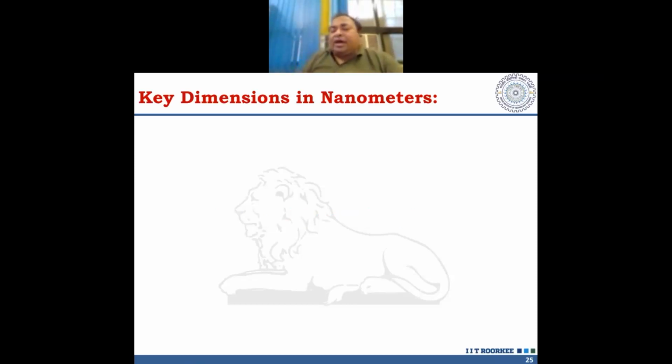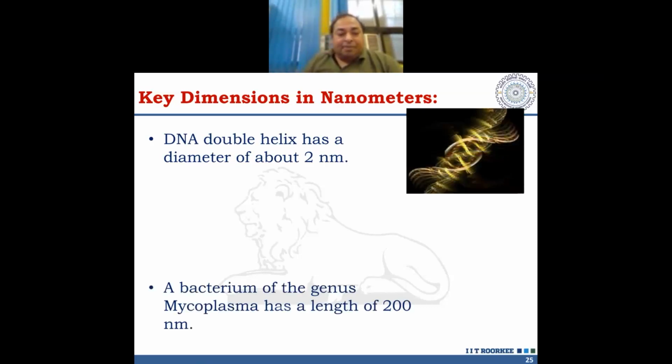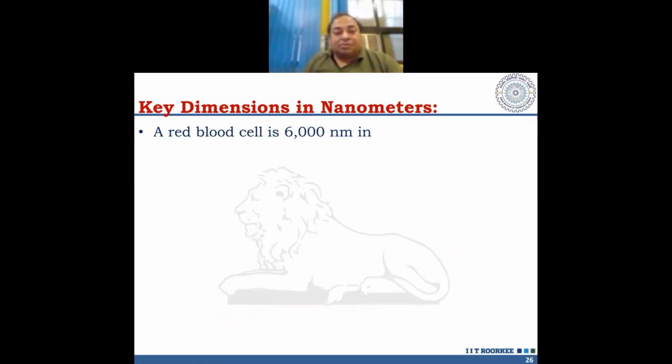If you look at the key dimensions in nanometers, the DNA double helix has a diameter of about 2 nanometer. A bacterium of the genus Mycoplasma, the smallest one, has a length of 200 nanometer. A red blood cell is 6,000 nanometer in diameter.